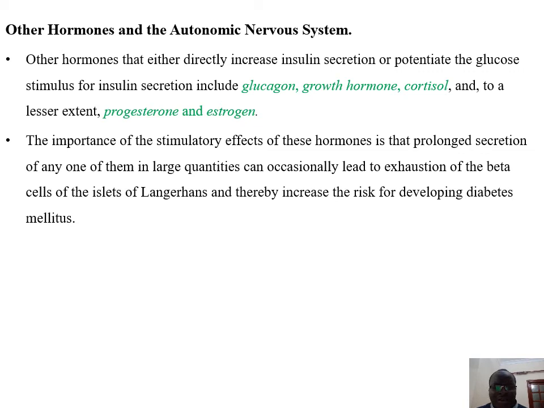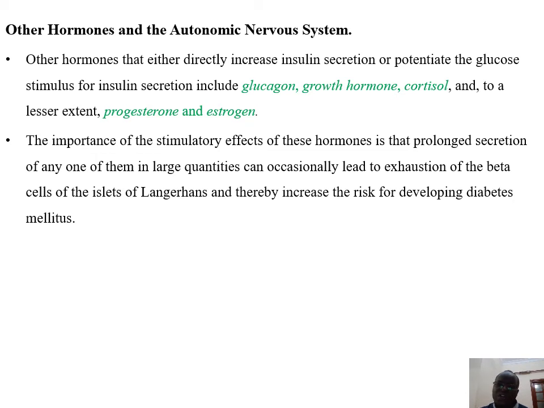The importance of the stimulatory effect of these hormones is that prolonged secretion of any of them in large quantities can occasionally lead to exhaustion of the beta cells of the islets of Langerhans, thereby increasing the risk of developing diabetes mellitus. So one risk factor for diabetes mellitus is the secretion of these hormones in higher concentration for a long period of time, because they increase the secretion of insulin.